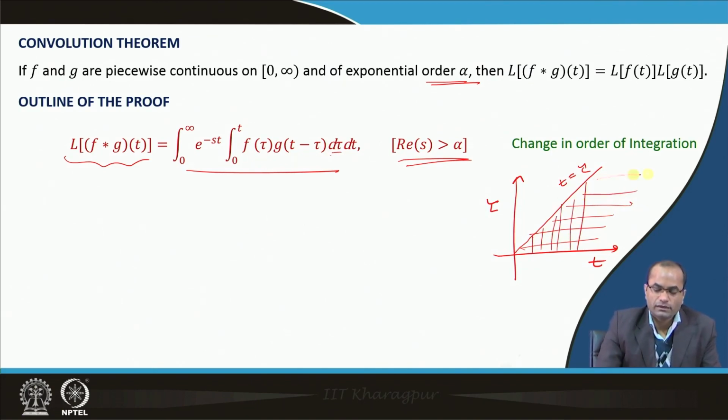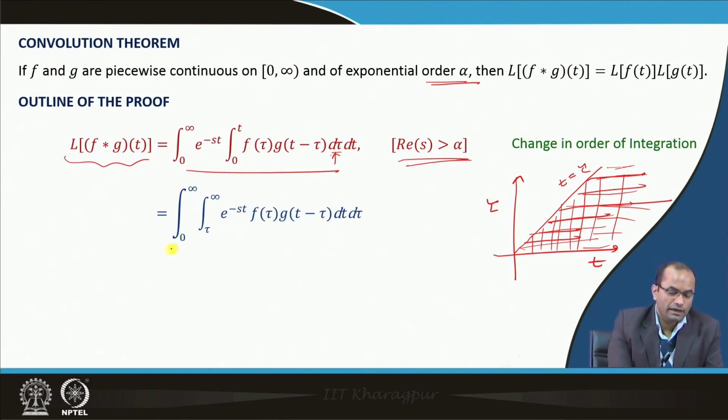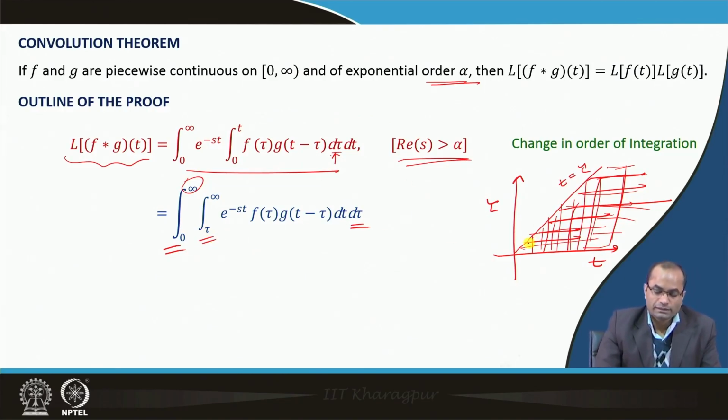So, this is the area of integration in this situation, and if we now want to change the order of integration, that means first with respect to t and then with respect to tau, we have to fix tau, and t will vary from tau to infinity, and tau will be the outside limit, from 0 to infinity.